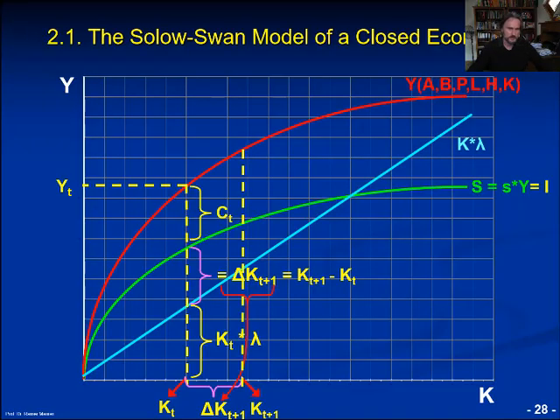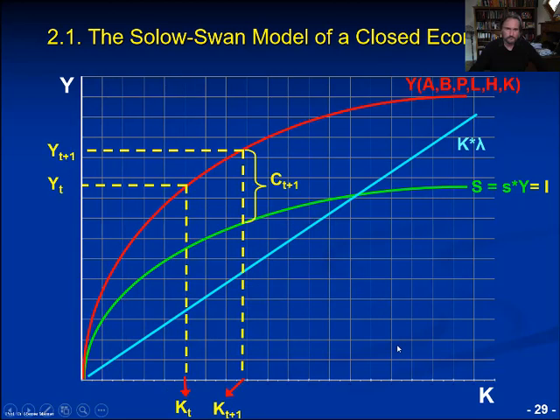Now we can determine the new GDP level of period t plus 1 and the resulting gross investment level as we did before. If we subtract capital depreciation from the gross investment level, we receive the new net investment level.